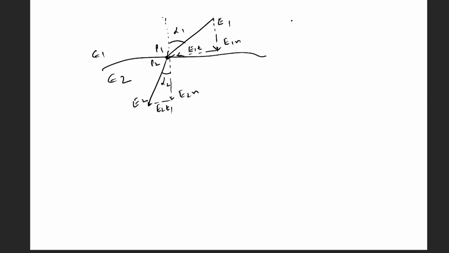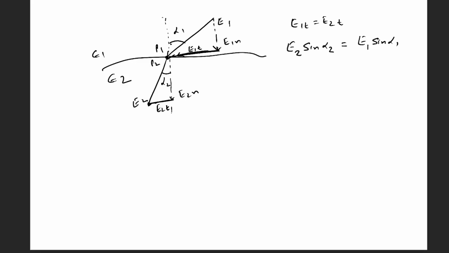So from the boundary condition that E1t is equal to E2t, we can write, now E1t is this value and E2t is this value. Now we have to put both of them equal. So E2 sine alpha 2 should be equal to E1 sine alpha 1.